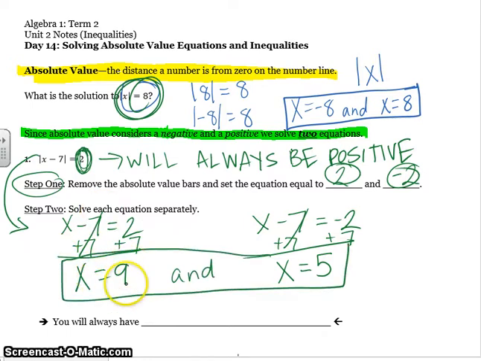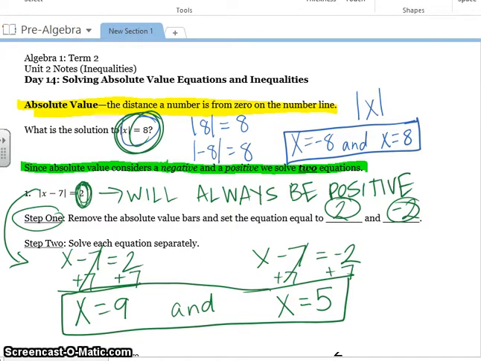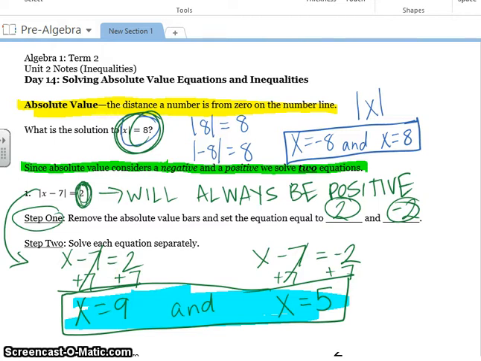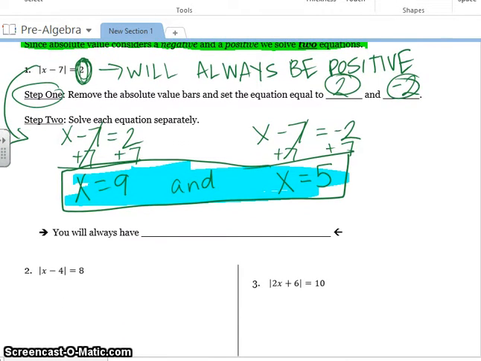So we can box that entire expression. That's our solution. When you're solving absolute value equations, you will always have two solutions.